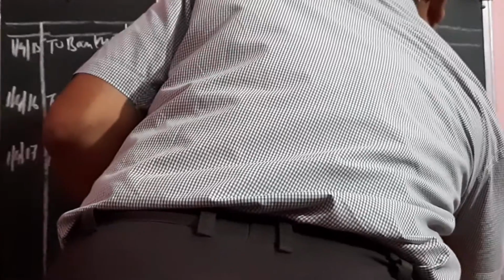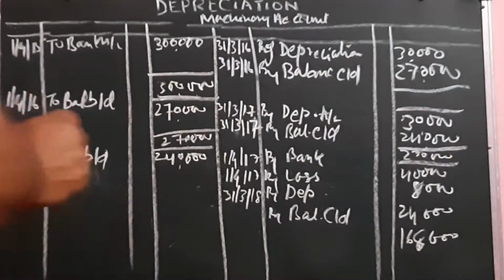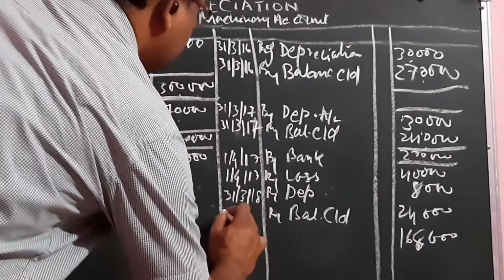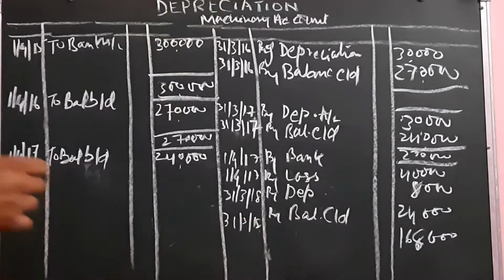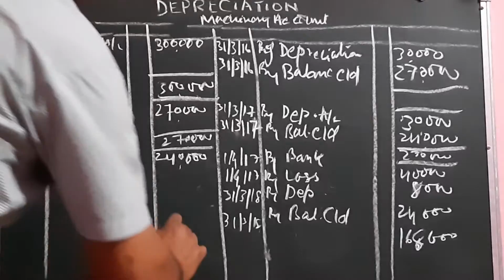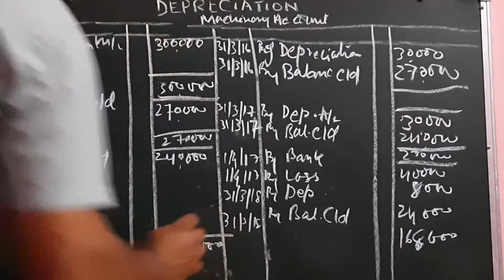That is the value after 1 year. This is 31st March 18. The balance is 1,68,000, and the total of this side is 2,40,000.